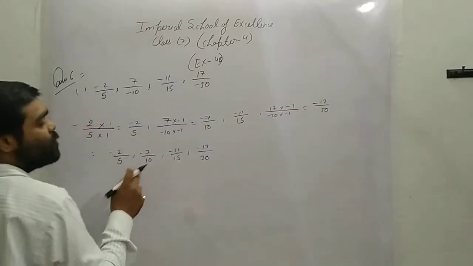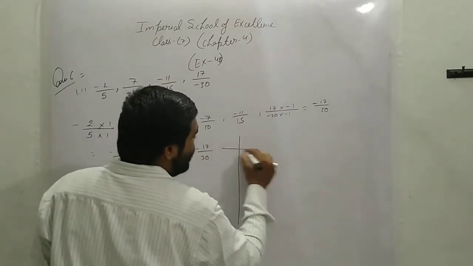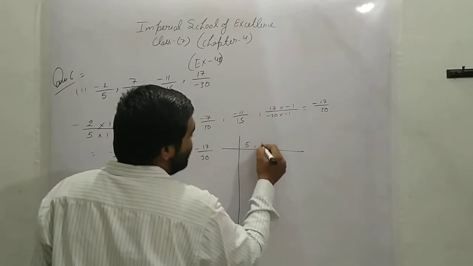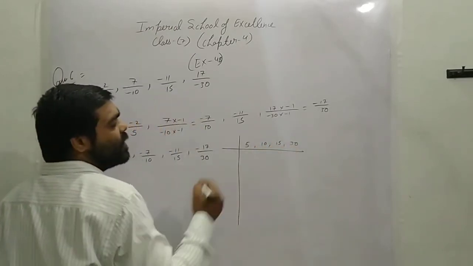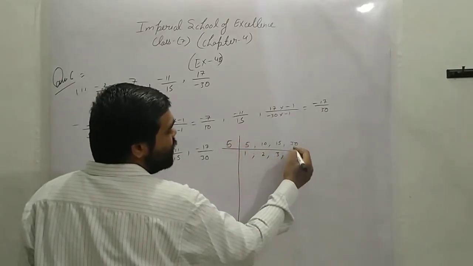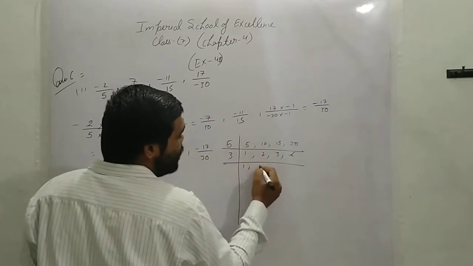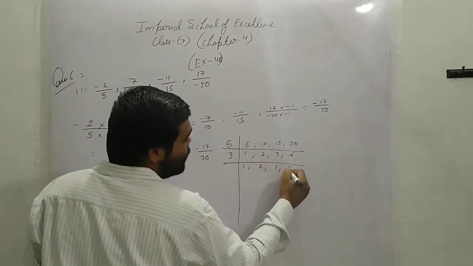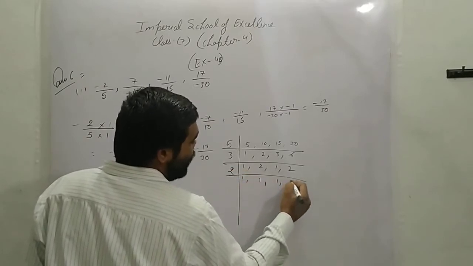You have to take the LCM of 5, 10, 15 and 30. Dividing by 5: 5 ones are 5, 5 twos are 10, 5 threes are 15, 5 sixes are 30. Now by 3: 3 ones are 3, 3 twos are 6. Now by 2: 1, 1, 1 and 1.